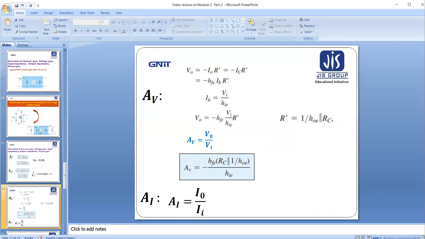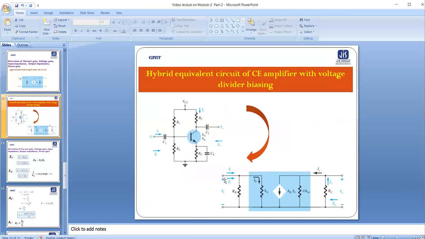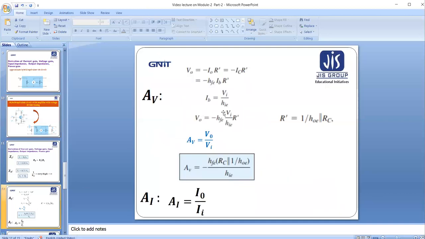And what is IB? IB is this current. These two resistances are parallel, so VI will be the same across the two resistances. Therefore IB can be written as VI divided by HIE. So we write V naught equals minus HFE into VI by HIE into R prime.